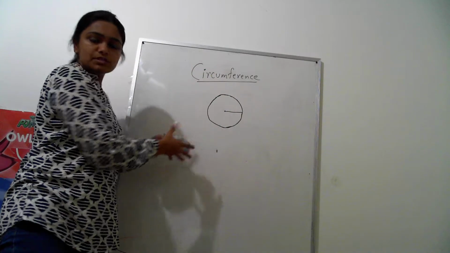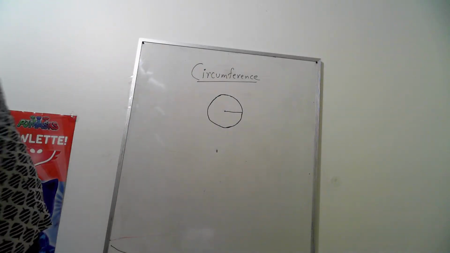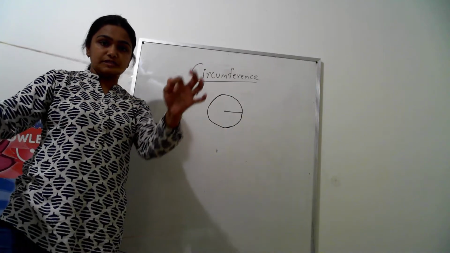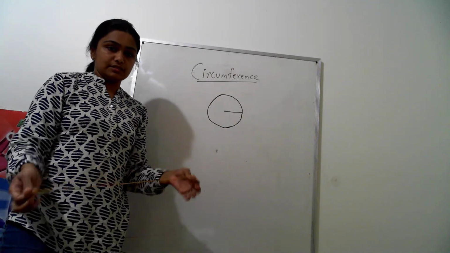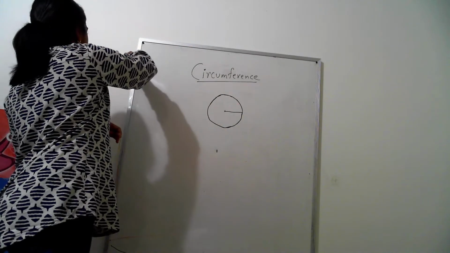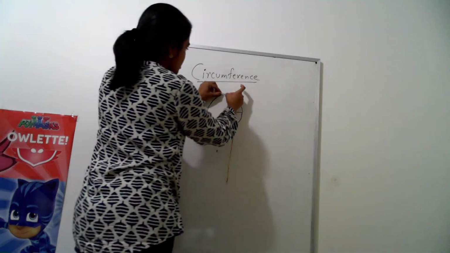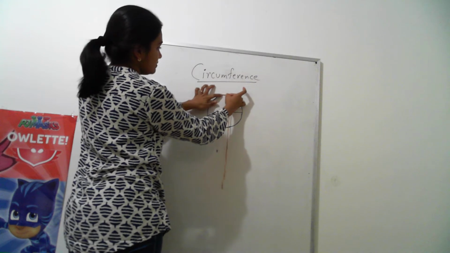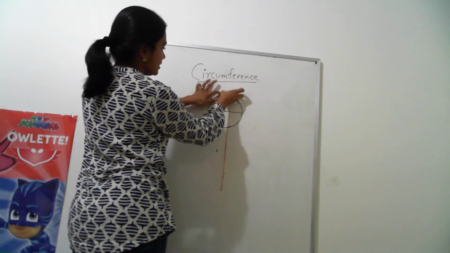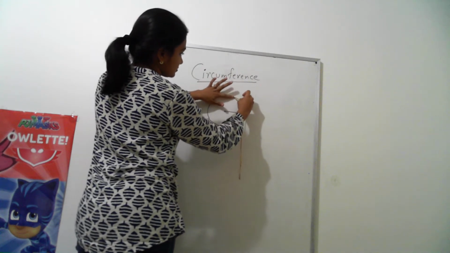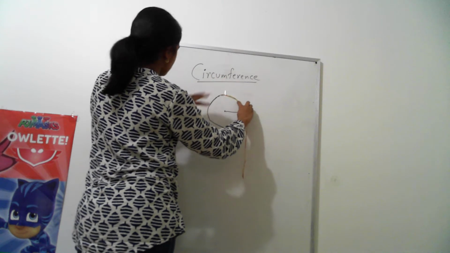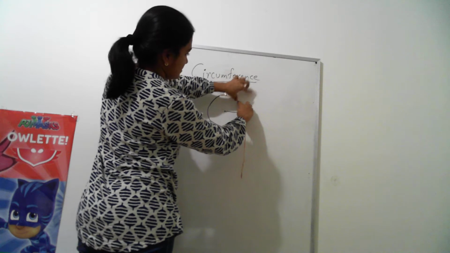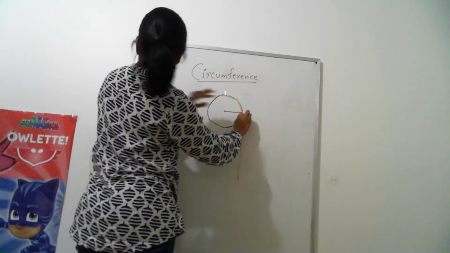Because this is a small circle, let's see if, without any calculation, with the help of this string, we can find the circumference of a circle. So I have some sticky tapes here. I'm starting with one point, sticking the sticky tape here, and going this way and sticking.